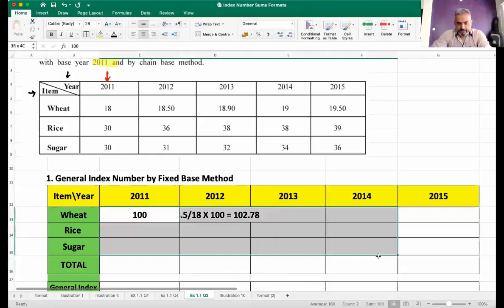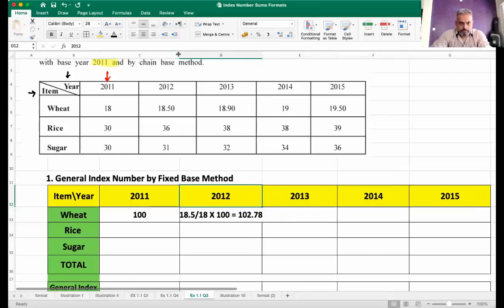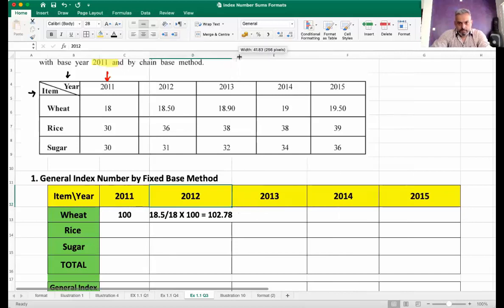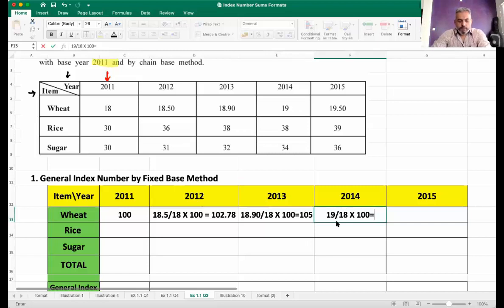Next, 2013, so 18.90 divided by 18 into 100, which is equal to 105. 2014, 19 divided by 18 into 100 is equal to 105.56.